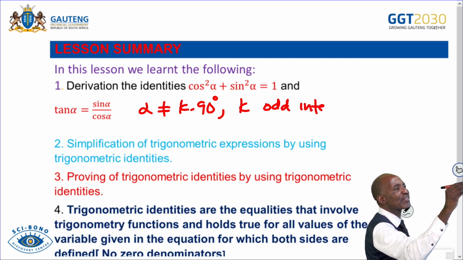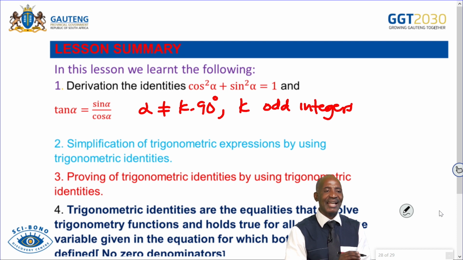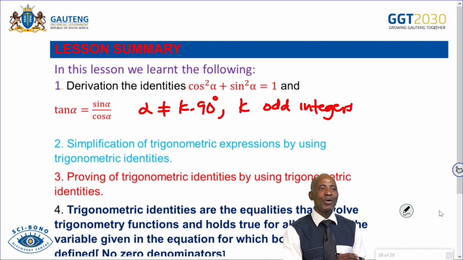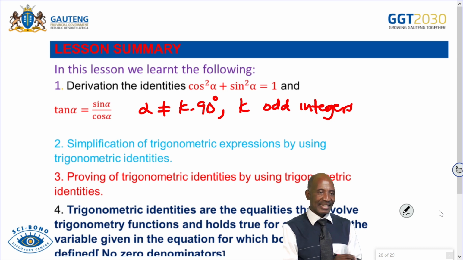It will never work if k odd integers are used, right? So it's a quotient. We also simplified trig expressions by using trig identities. We also proved the trig identities by using trig identities that we have derived today. You are proving other trig identities.